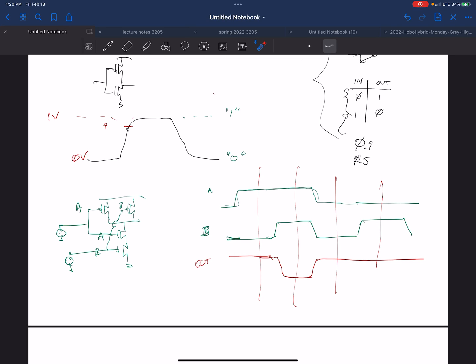Because when both inputs are transitioning at the same time, you can get some funkiness here, right? You don't know which one's coming first, which one's coming second. Because the devices are stacked on top of each other, they might both be on at the same time, off at the same time. One of them might go on or off at different times. You might get a glitch.